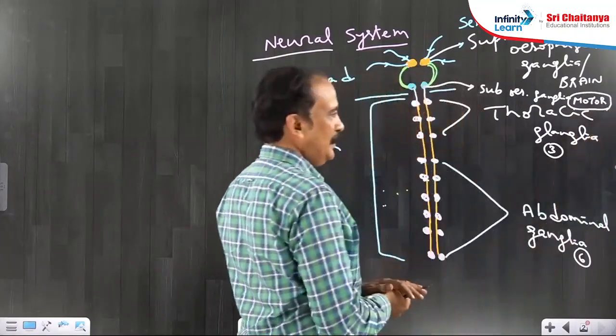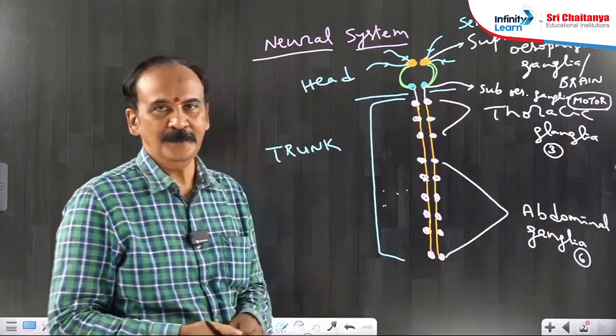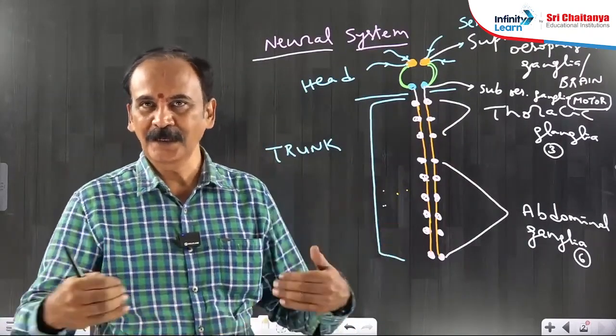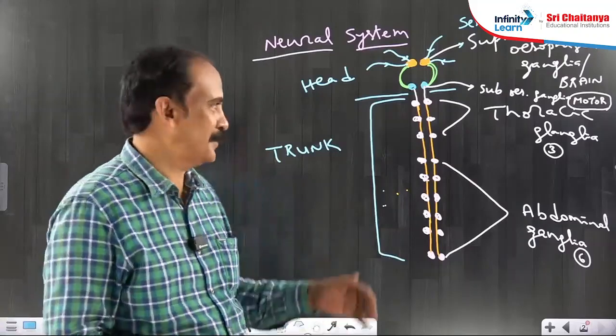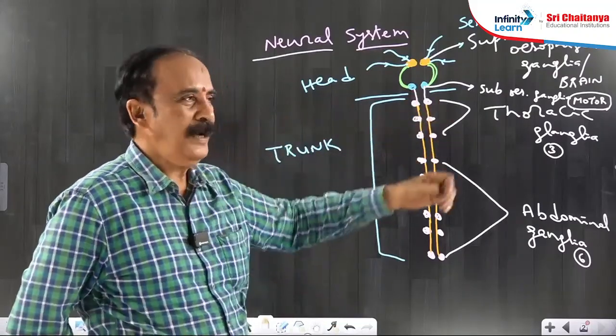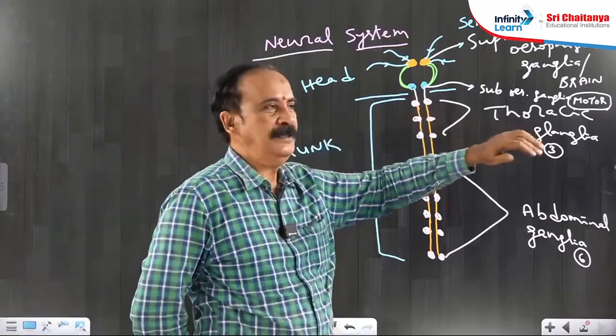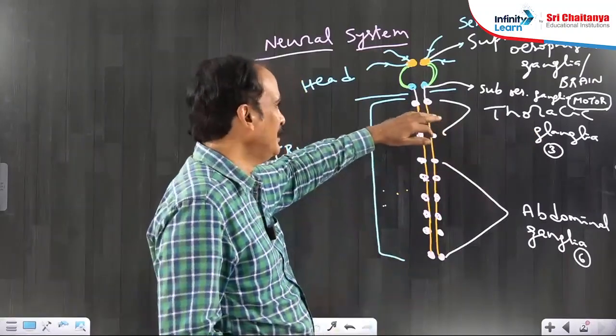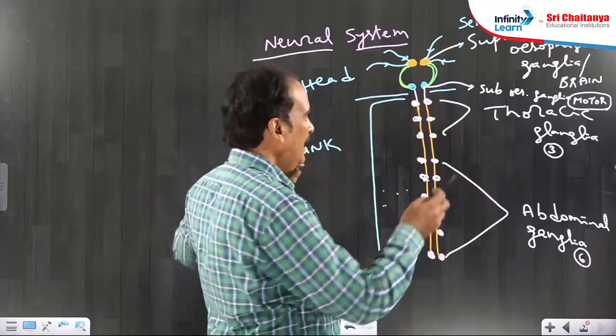Subesophageal ganglia actually act as a motor center. That means it will be sending the nerves to the mouth parts as well as to the legs, mouth parts mainly, where it will be regulating the movement of the mouth parts. So that is not included in NCERT. Remember the part brain.